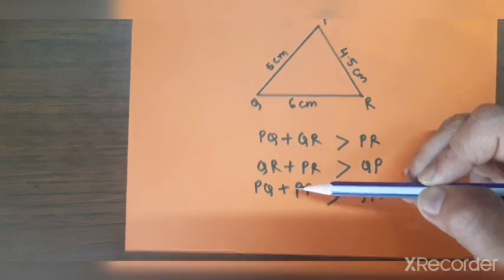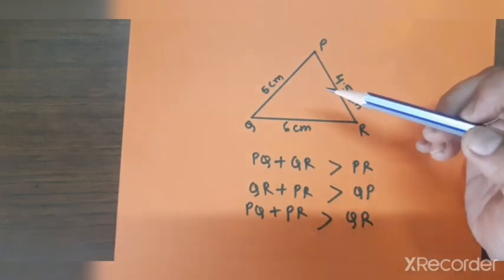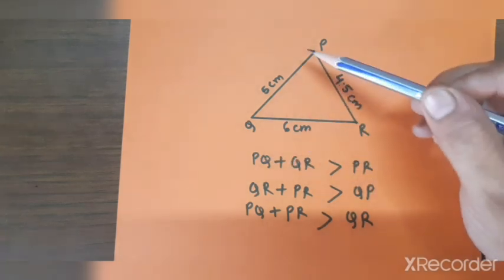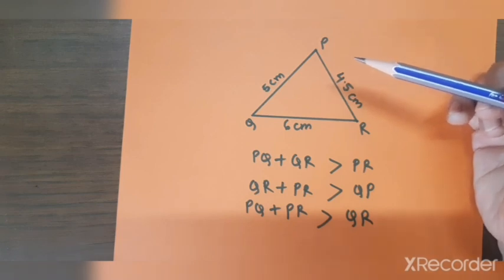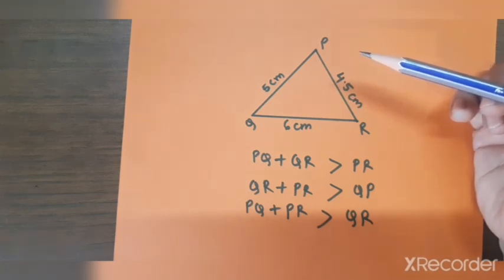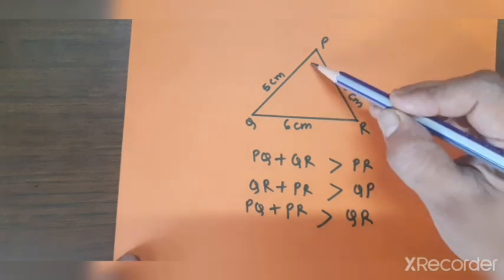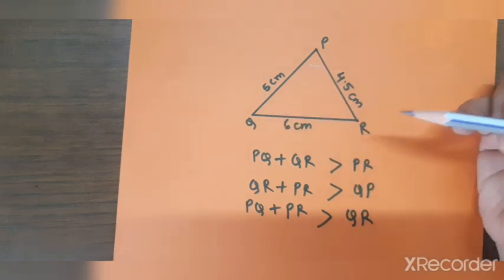When we take the sum of any two sides, it has to be greater than the third side. Then only we can form a triangle. It's a very important property of a triangle. And even the earlier property we studied, that the sum of the angles of a triangle is equal to 180 degree.